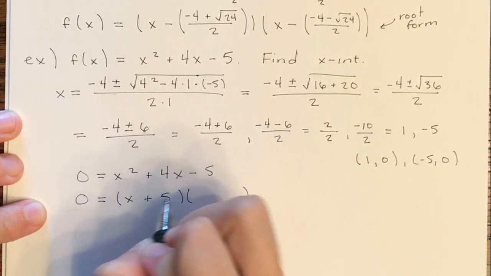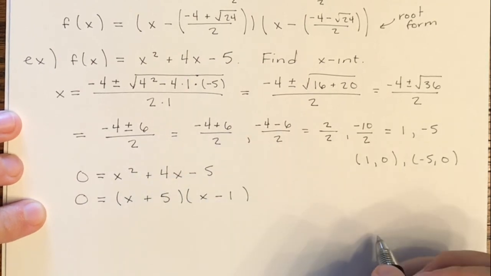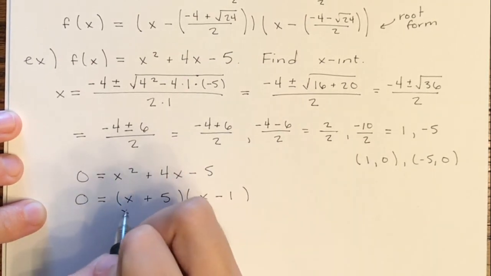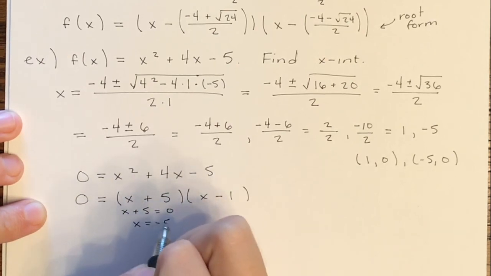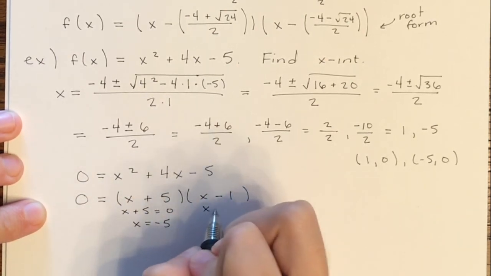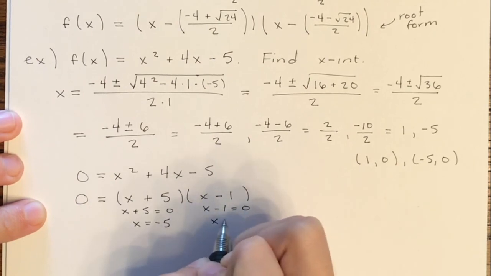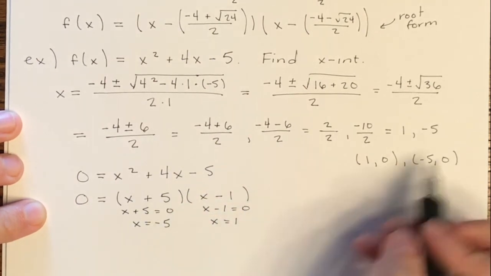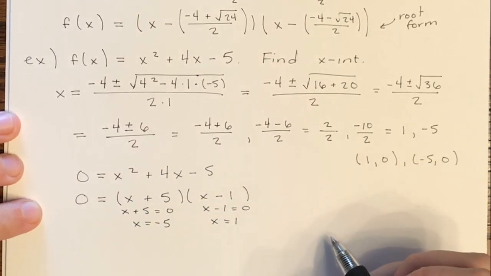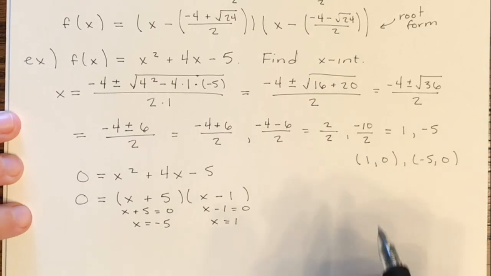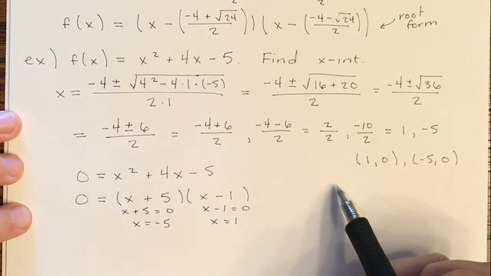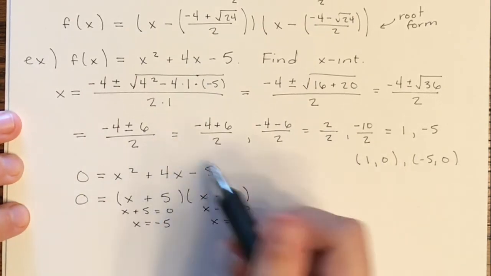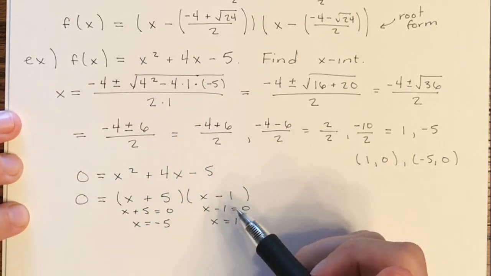Positive 5 and negative 1. We solve each of these, we end up with x equals negative 5 and x equals 1. So we get the same thing both ways. But the quadratic formula works when we can't factor, unlike this method, which we need to be able to factor.